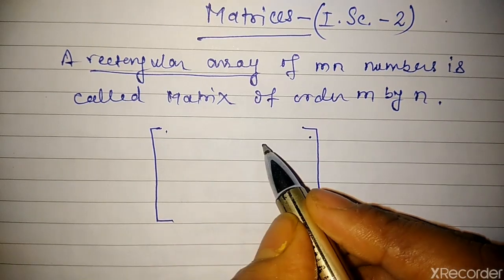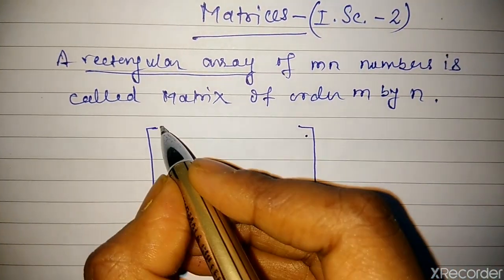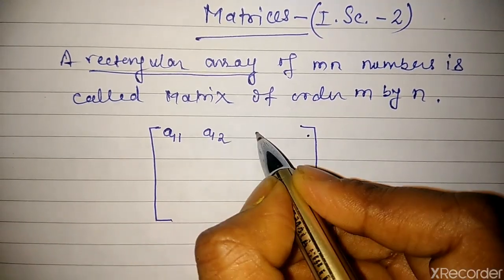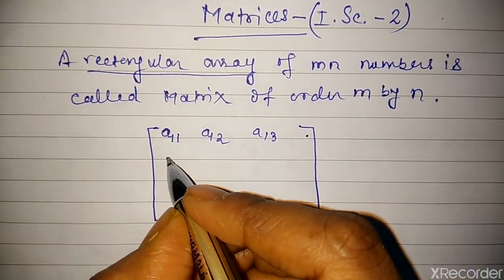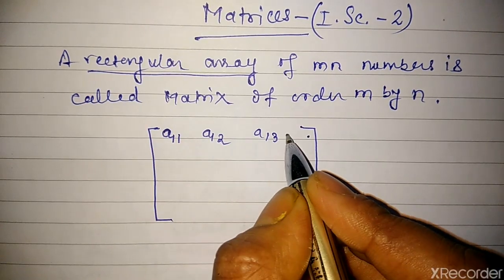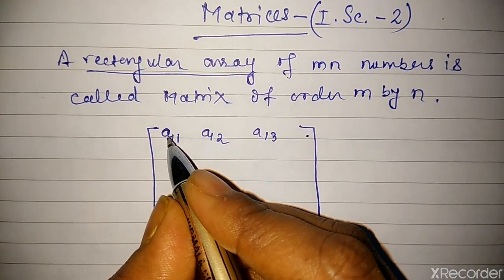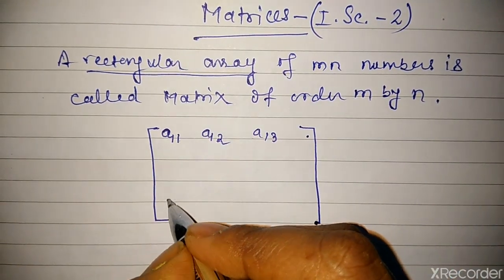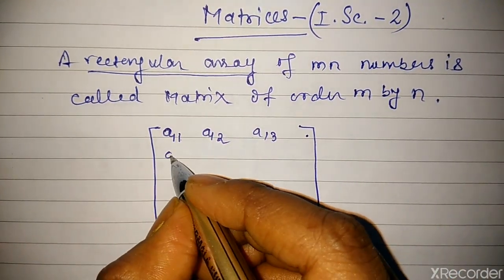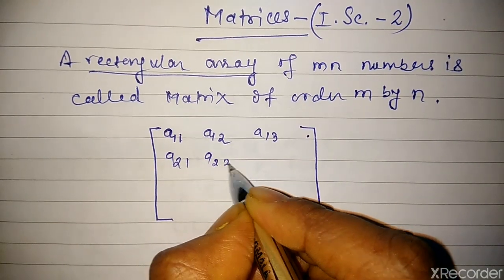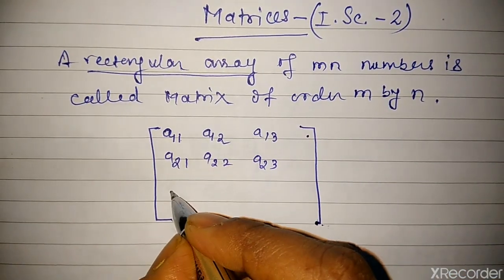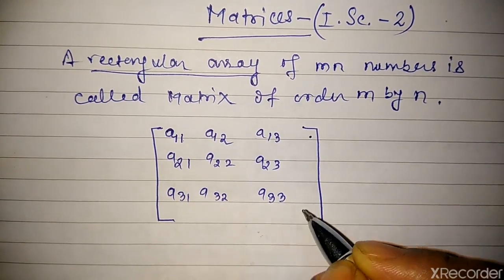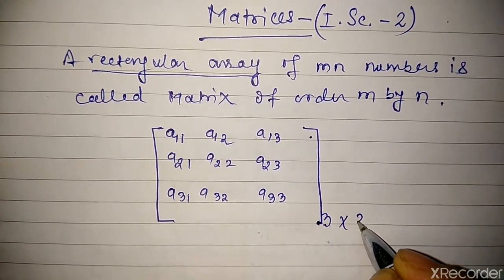The elements in the first row are A11, A12, A13. Now the second row: A21, A22, A23. Next we write A31, A32, A33. So here we write 3 cross 3.